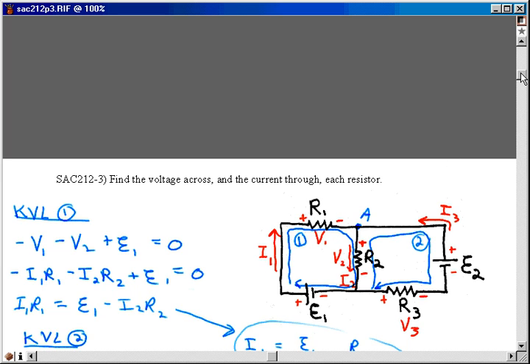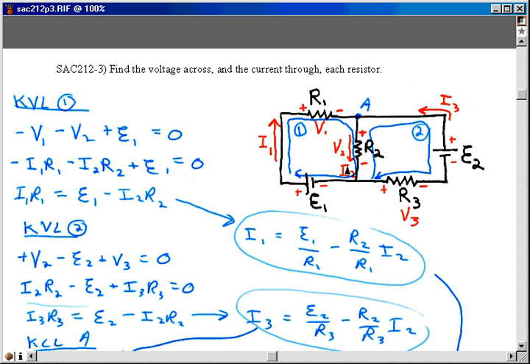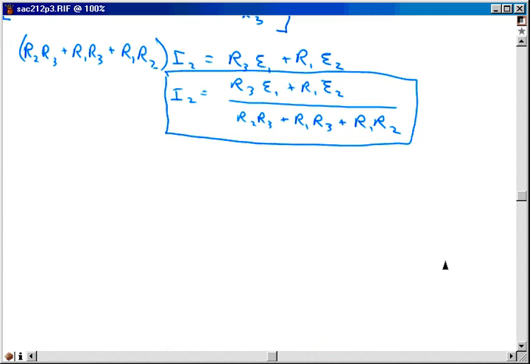To get V2, I just use Ohm's law. Let me rephrase that. That's this current right here, I2, the current through R2 from top to bottom. Okay, now I get V2 using Ohm's law. V2 is equal to I2 R2.